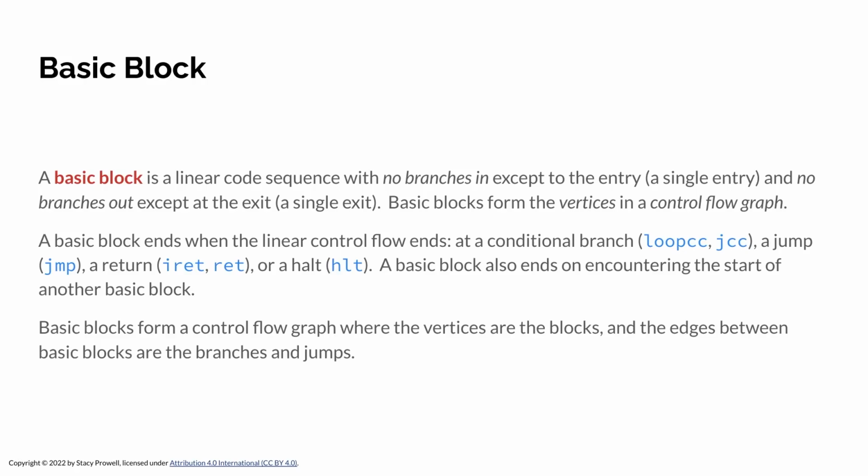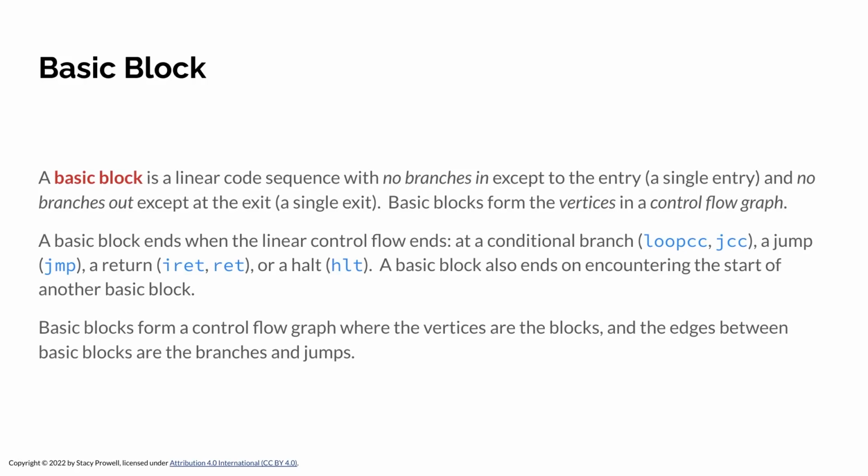Now that's going to be at a conditional branch, like jump not equal or jump less than or jump not above. Or a jump instruction, because that will take you to a different address somewhere. At a return, and that could be an I return, return from interrupt, or just a plain return, or at a halt.